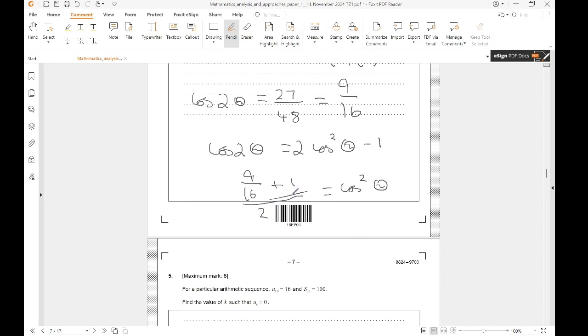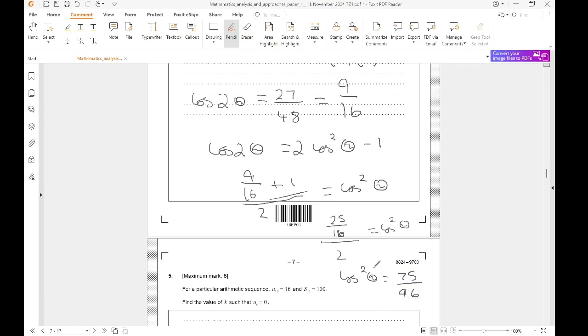So obviously you expand this, it becomes 9 over 16 plus 16 over 16, which becomes 25 over 16, over 2, is equal to cosine squared theta. And then you simplify it further, and eventually you get cosine squared theta is equal to 75 over 96.